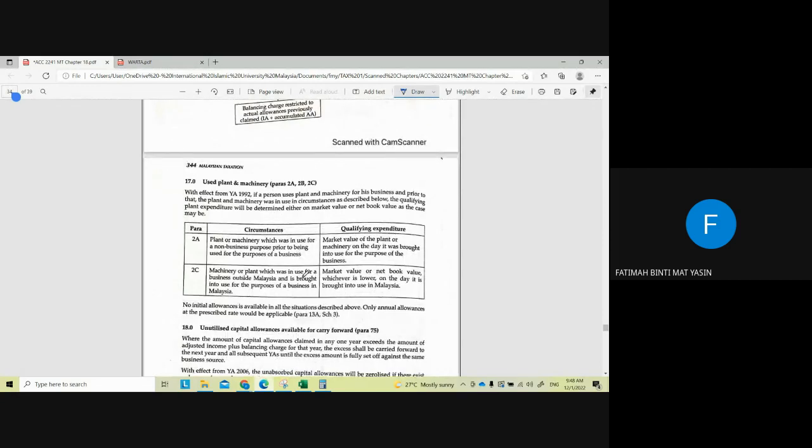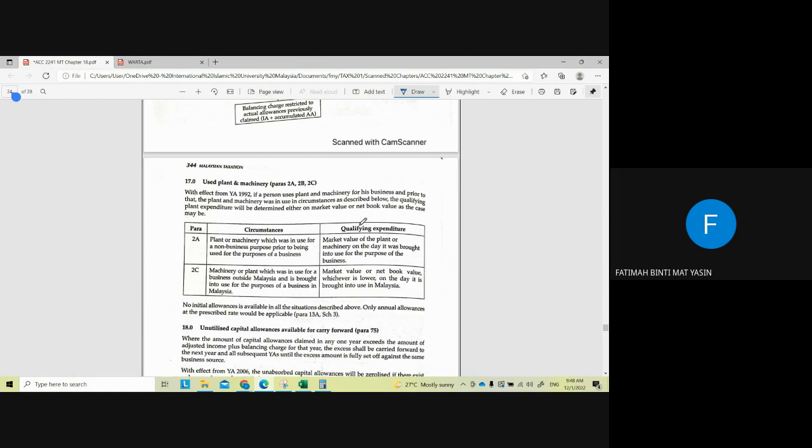Okay, so let's say the company acquires the asset and then the owner uses that for personal use first, alright, and then later the company brings it to business, the company uses that for the business. So in that case, when the company brings that asset to the business, the company cannot claim the initial allowance, but the company can only claim the annual allowance.